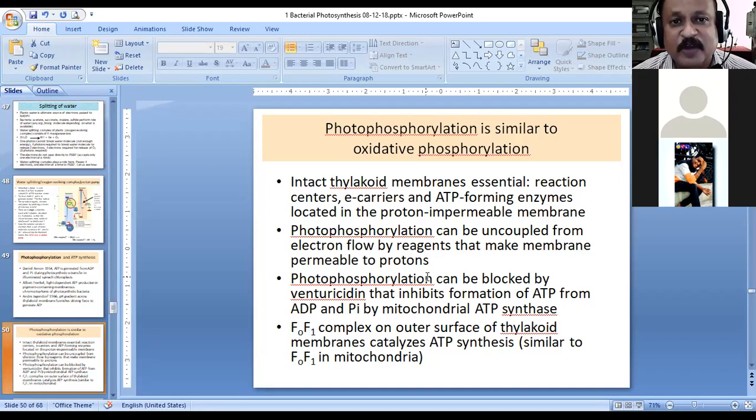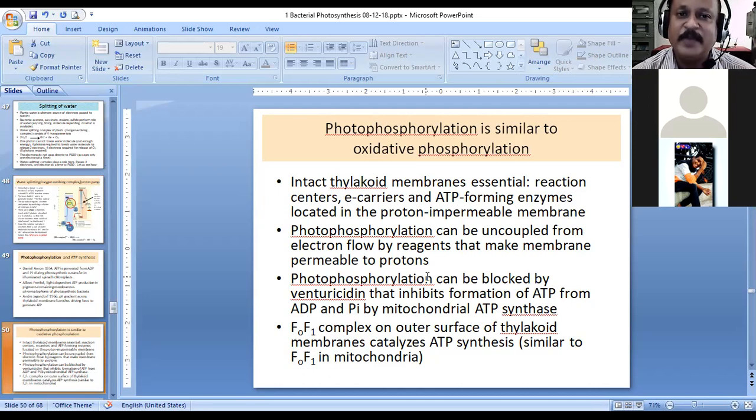Uncoupled means what? Normally these two processes are associated with each other, they are linked to each other. On the one hand, electron transport is happening, NADH or NADPH is getting generated. At the same time, because the protons are pumped across the membrane, ATP synthesis is also taking place.